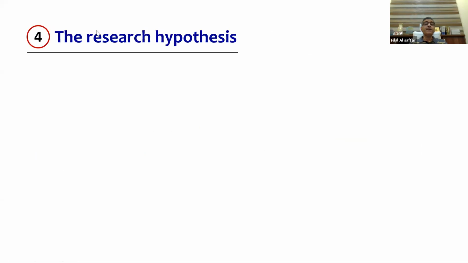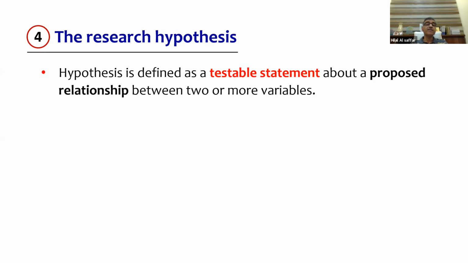The other thing after having a research question is that we should have the research hypothesis. I will not talk extensively about hypothesis because it may be difficult for some of you, but I want to say something about it because you may encounter it. A hypothesis is a testable statement that predicts a relationship between two variables.